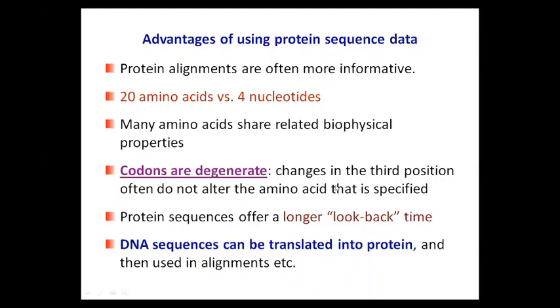In fact, according to species, there can be a different preference for specific codons for an amino acid. And that particular study is called codon bias. So there can be bias among the species for using a specific codon for a specific amino acid. So that is another aspect of bioinformatics that can be studied, the variation in the codon bias among species.